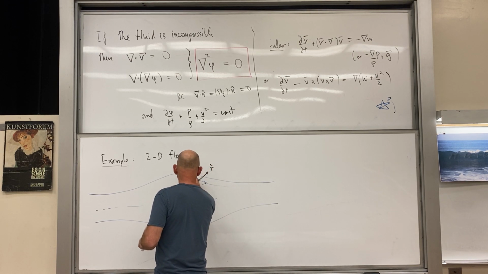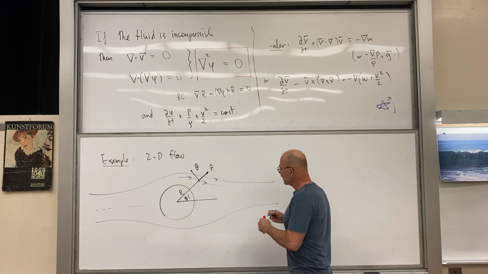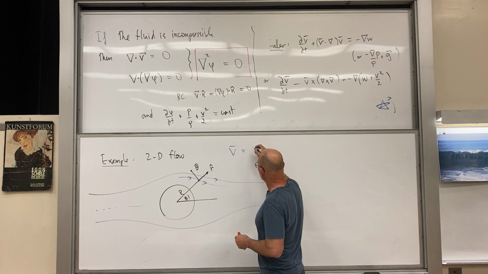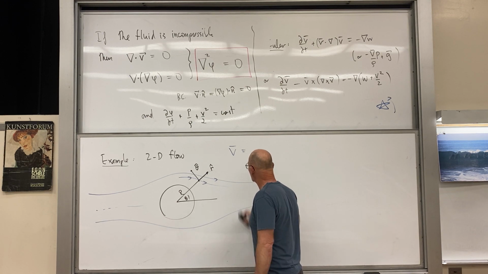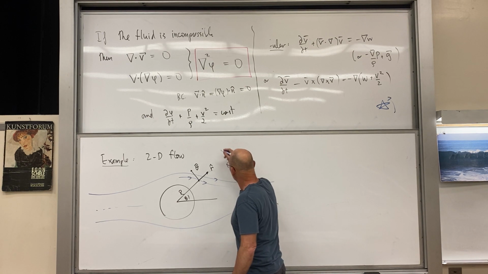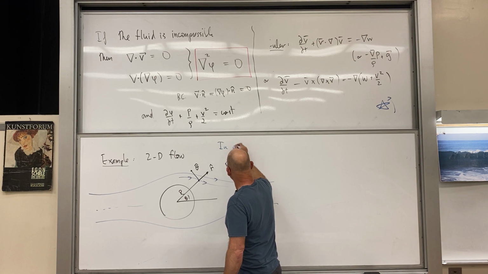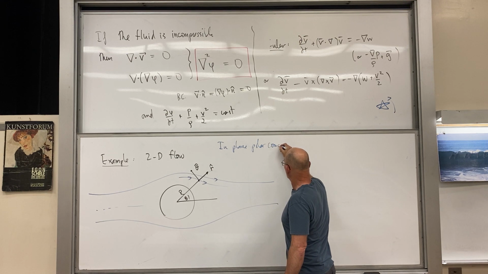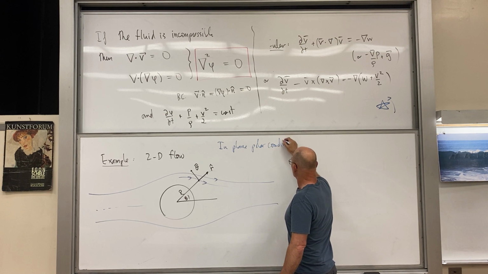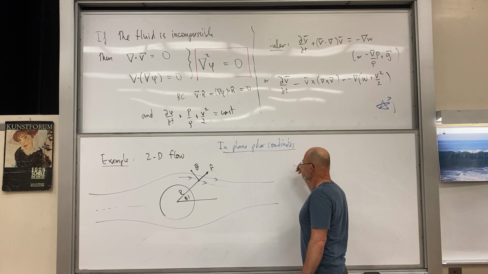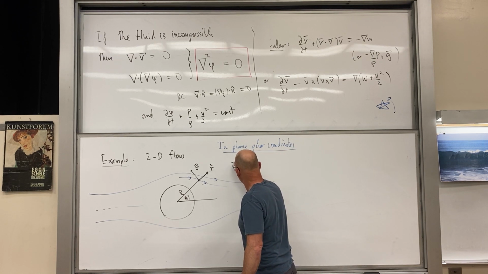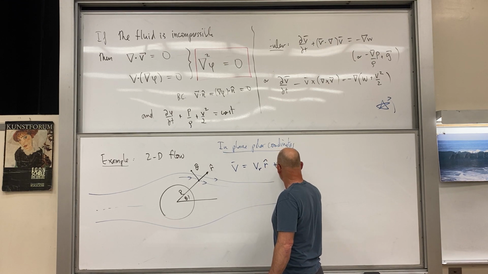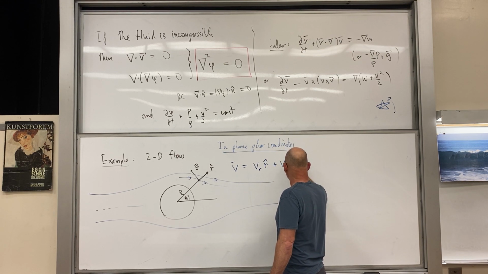At any point here, supposing that these are our streamlines, then we would have V in plane polar coordinates: V equals V sub r times r hat plus V sub theta times theta hat.